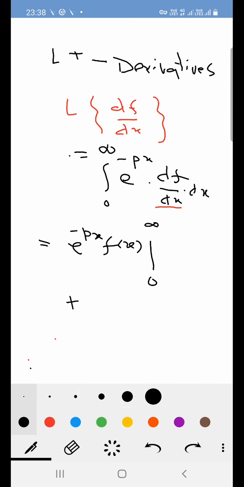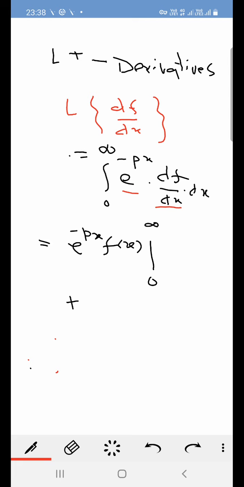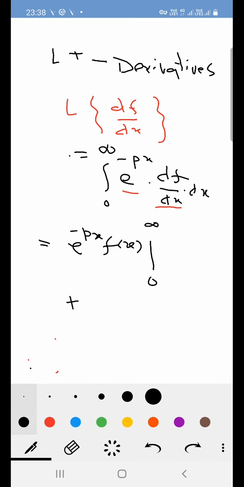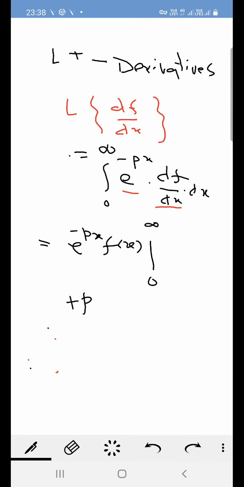This is the first function. So now we differentiate this, so minus p, then minus of minus p becomes plus p. Then we integrate from 0 to infinity e to the power minus px and f(x) dx.